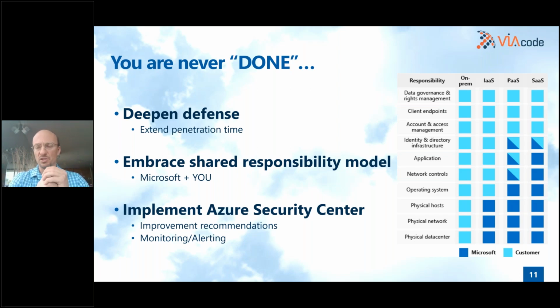challenges, requirements on themselves. For example, you don't have to worry about physical security of Microsoft data centers. And as you can see, the more services you take from Microsoft, let's say moving from IaaS, where you're responsible for most of it, to PaaS, to SaaS, more and more layers of security are taken care of by Microsoft, but not all.